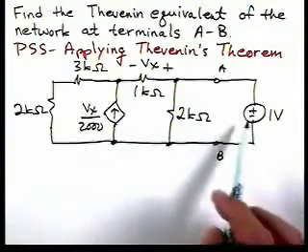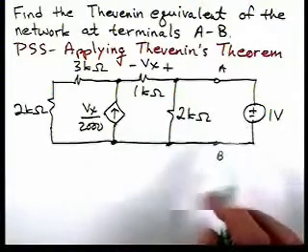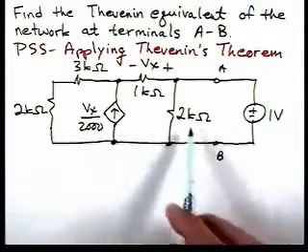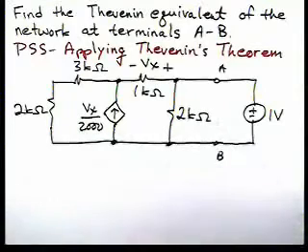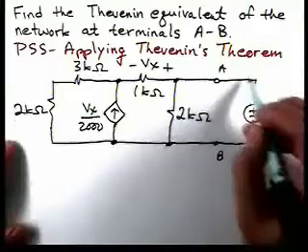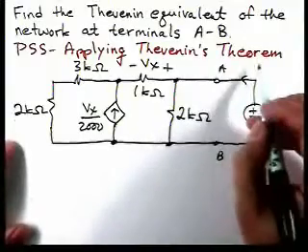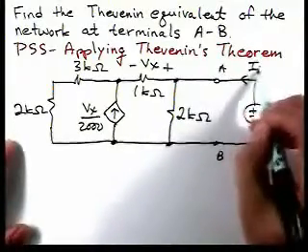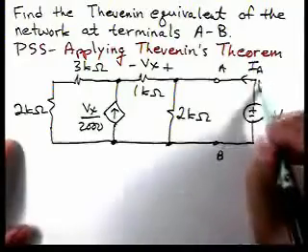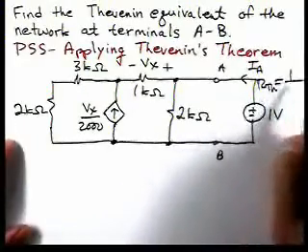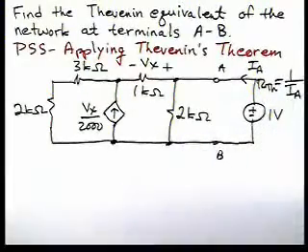If I selected a current source, I'd have 3 meshes. This would be known, but I'd have 2 unknown mesh currents. Just the simple fact that we have fewer unknowns. I'm going to calculate the current IA, and the Thevenin resistance is 1 over IA.